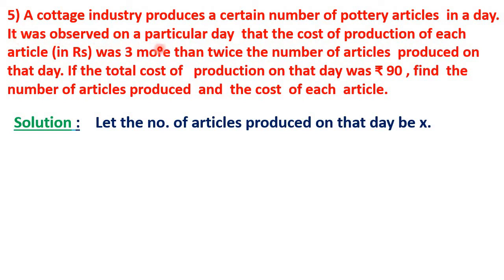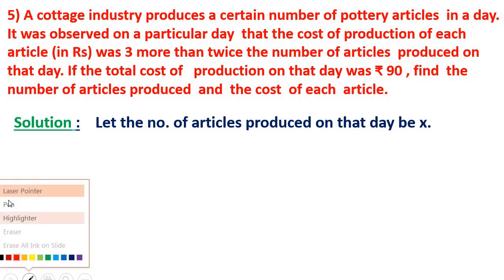It was observed that on a particular day, the cost of production of each article was 3 more than twice the number of articles produced on that day. So let us make an equation for this second statement. The first one is nothing but the number of articles produced.